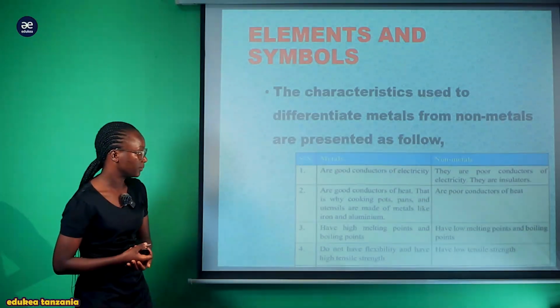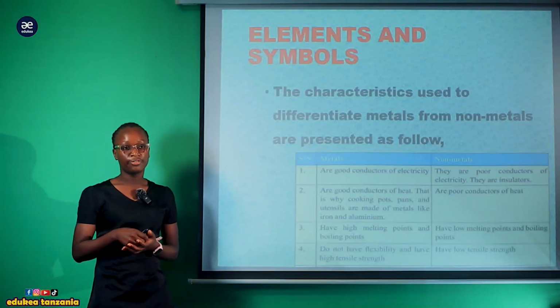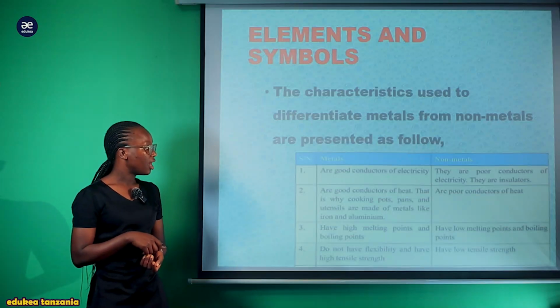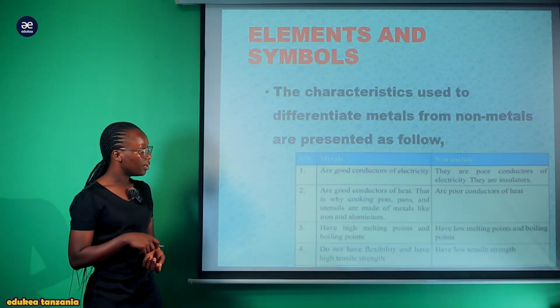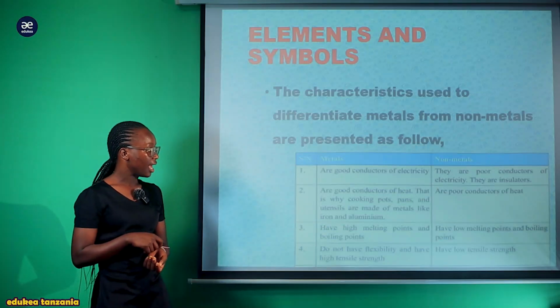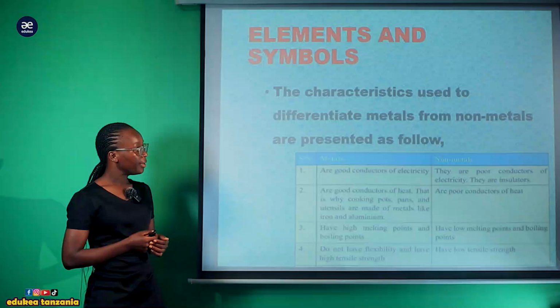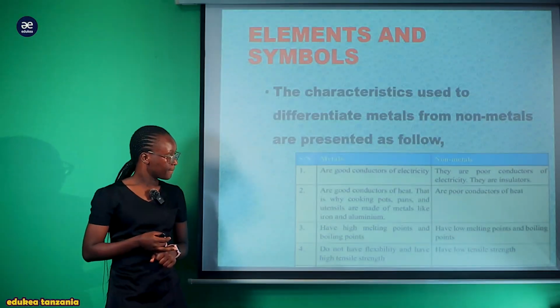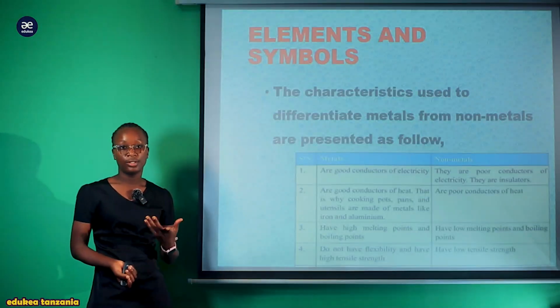That's why cooking pans, pots, and utensils are made up of metal like iron and aluminium, while the non-metals are poor conductor of heat. Sufuria za nyumbani zile tunazotumia, so they are metal because they allow passage or they allow heating. They are good conductor of heat.